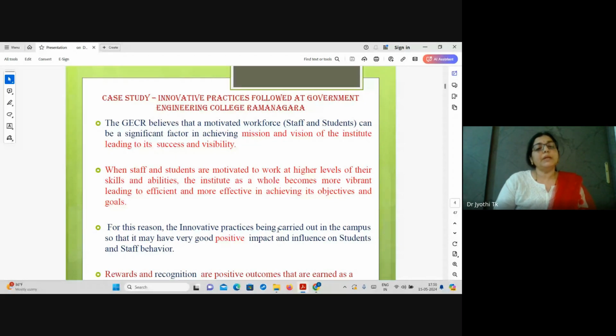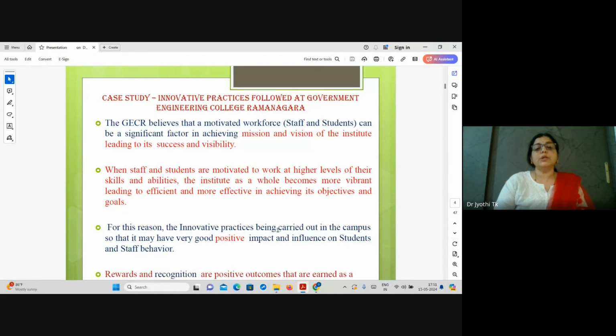The GECR believes that a motivated workforce, both students and staff, can be a significant factor in achieving the vision of the institute, leading to its success and visibility. When staff and students are motivated to work at higher levels of their skills and abilities, the institution as a whole becomes more vibrant, more efficient and effective in achieving its objectives and goals.